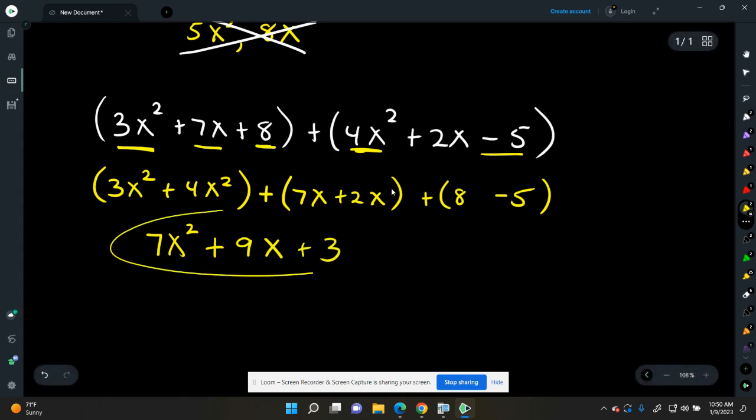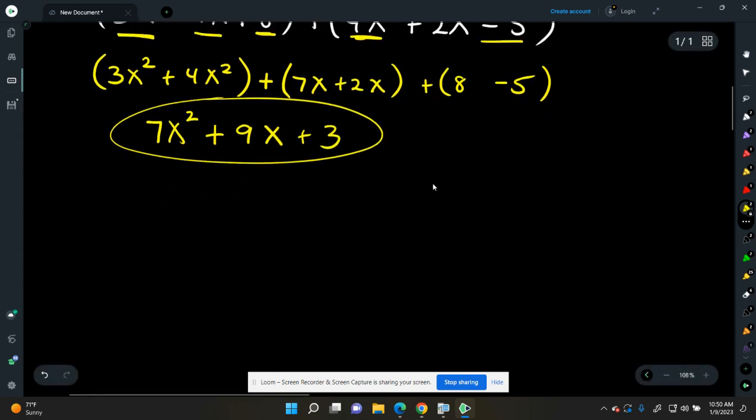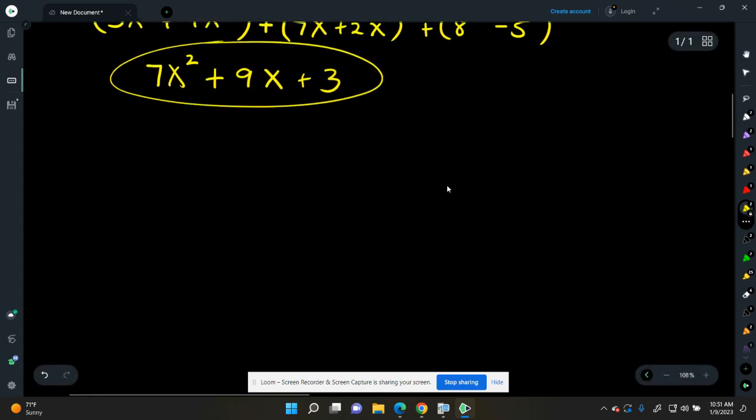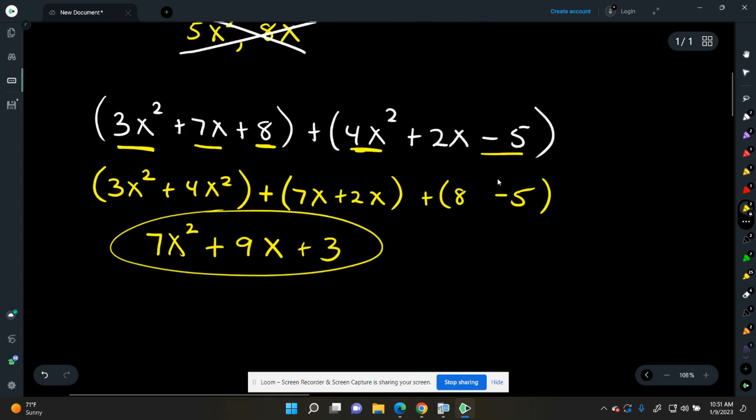Okay. You okay, Patrick? Okay, let's do another one. That's it. That's the answer. Yes. Yes, sir. Can you not do like the 7x plus the 9x and then make that squared?